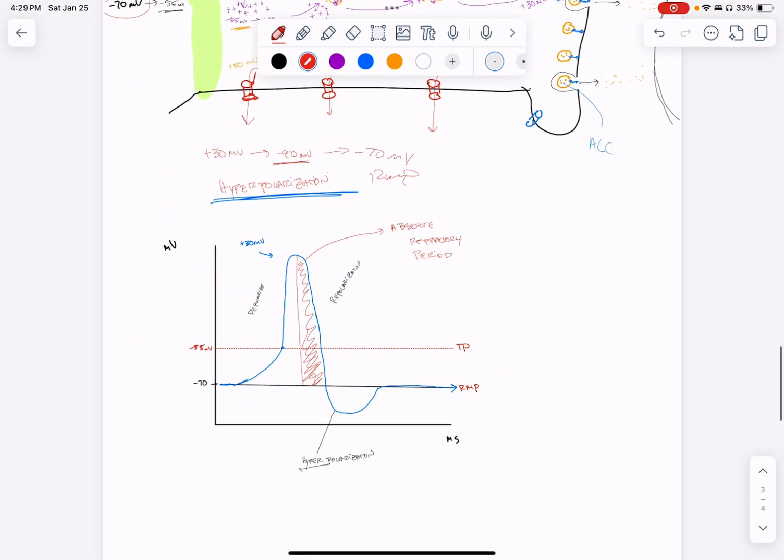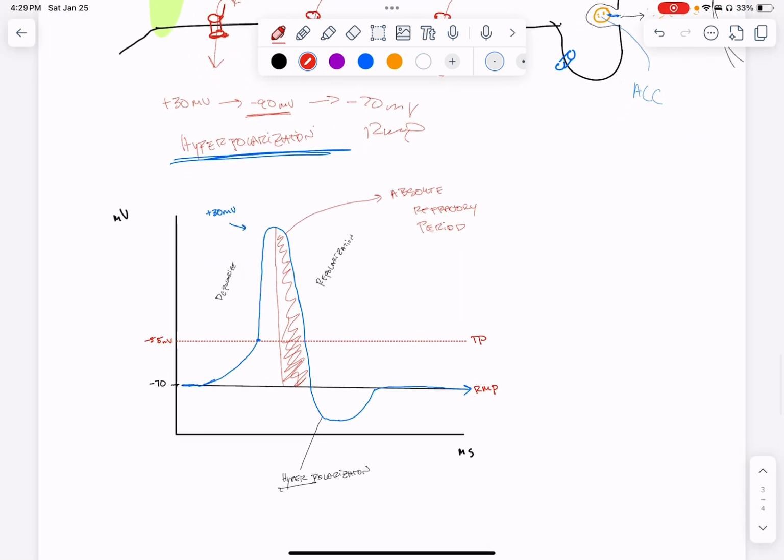And the absolute refractory period is important because this area identifies the fact that no matter how much voltage you stimulate the cell with, you're not going to get an additional action potential until after the cell has returned back to resting membrane potential right here.